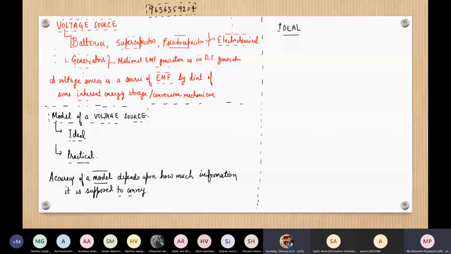Do not worry. Okay. So, ideal voltage source. Ideal voltage source, if you see, how do you represent it? One representation is this. Another representation is this.